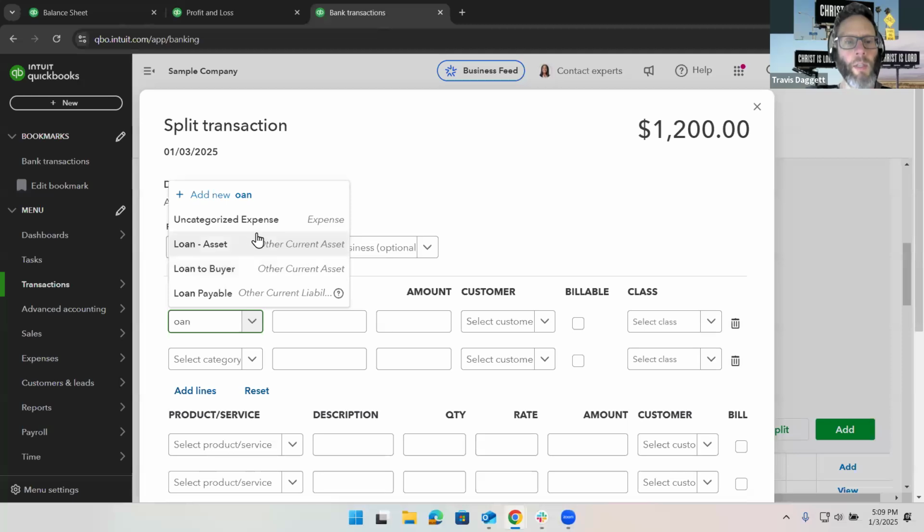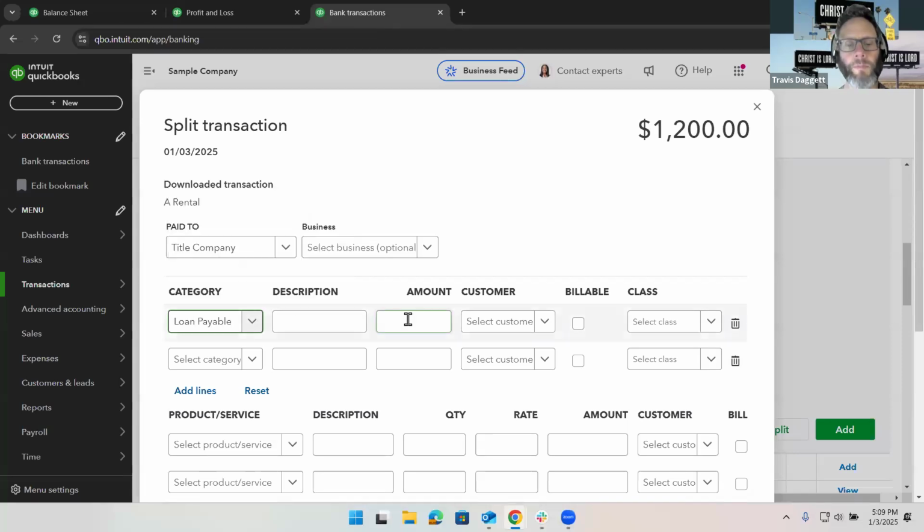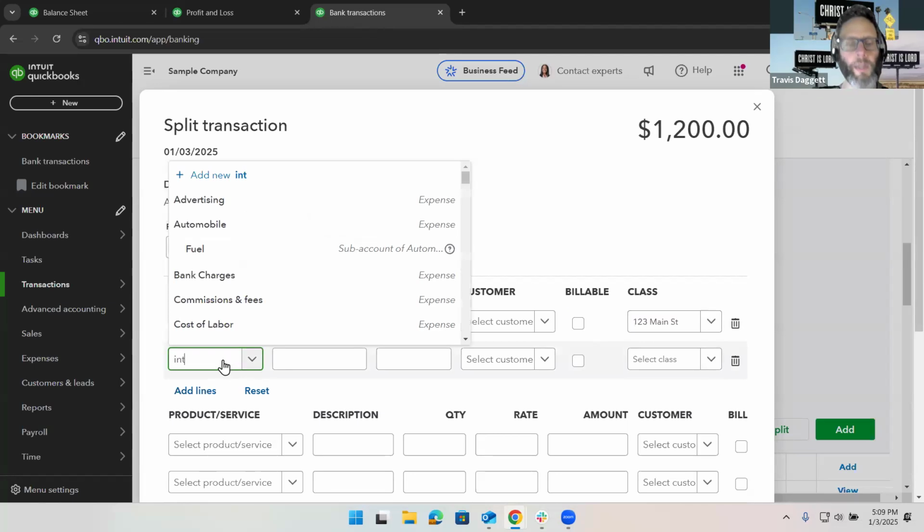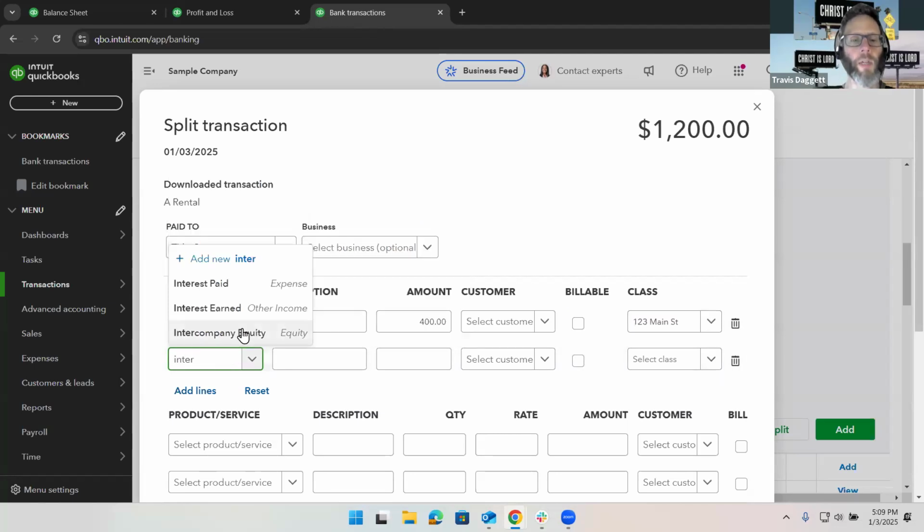So this is going to be the loan payable. And let's just split this three ways. Let's say this is the property, we're tracking by class. You're going to be paying interest, and these numbers would come from your mortgage statement or your amortization schedule.